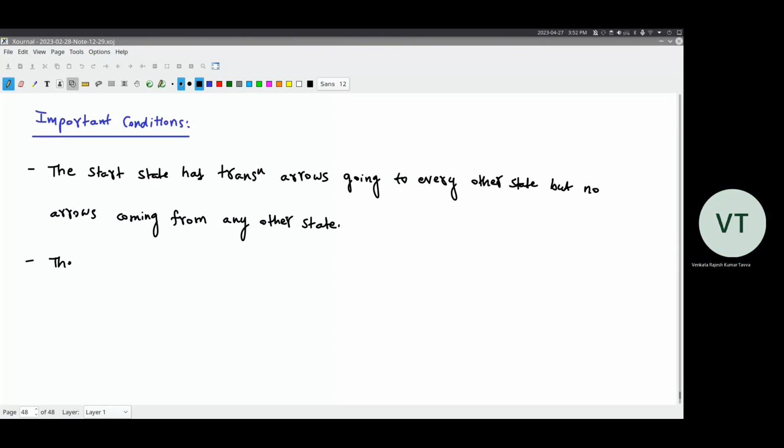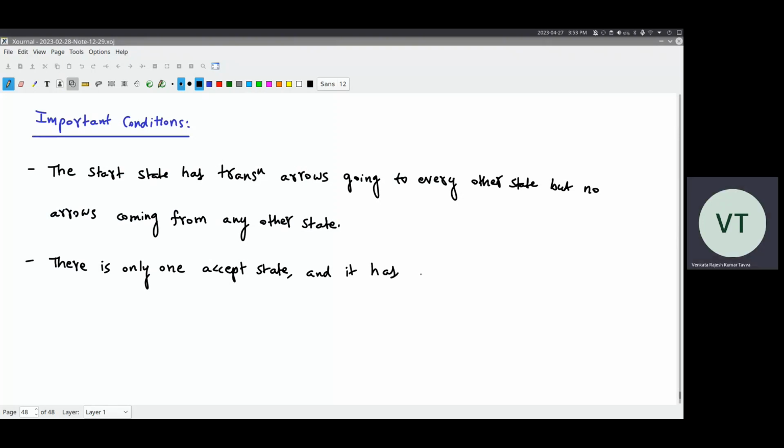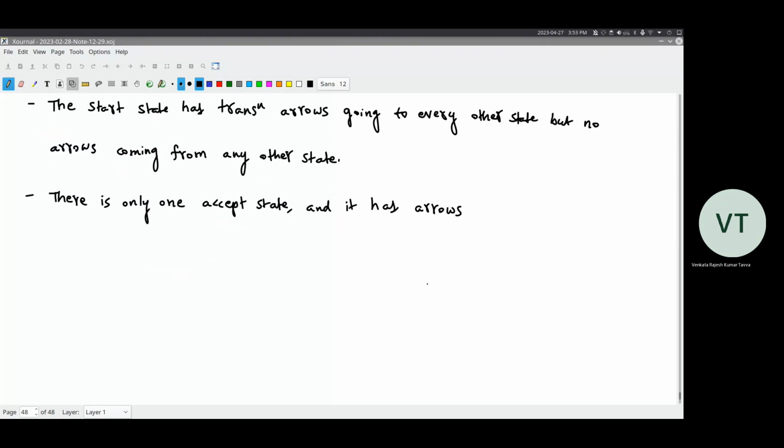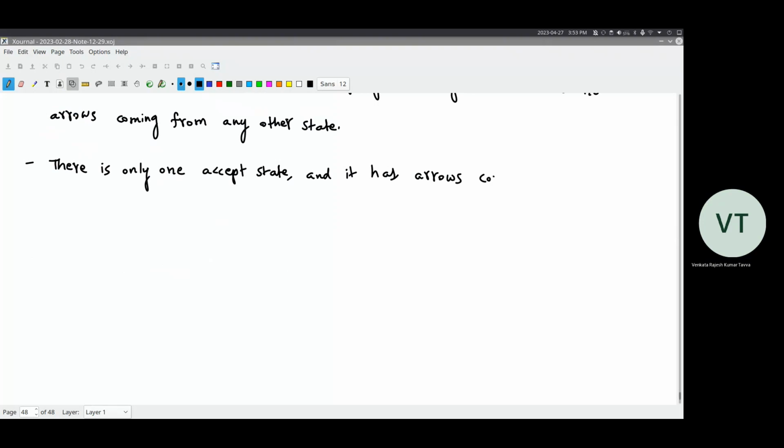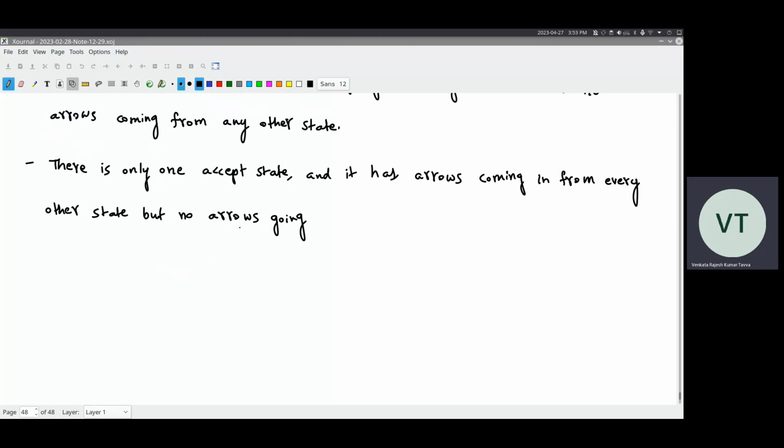The second condition is there is only one accept state, and it has arrows coming in from every other state, but no arrows going to any other state.